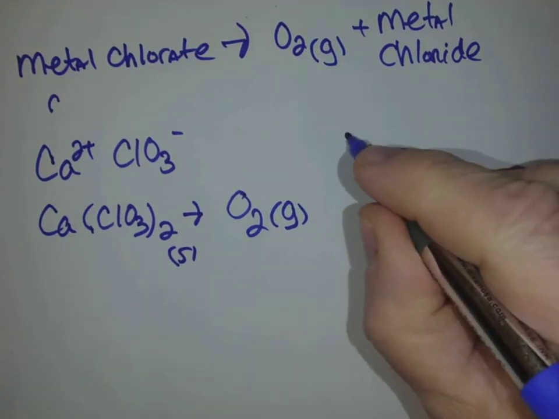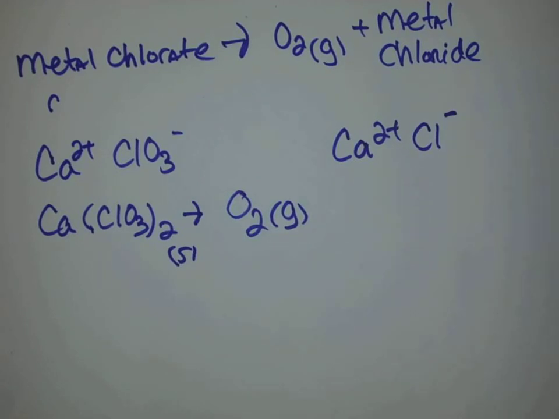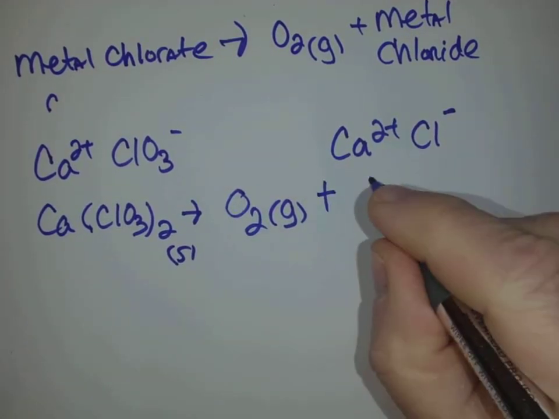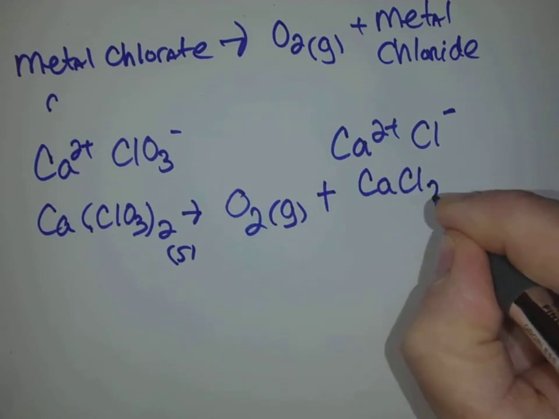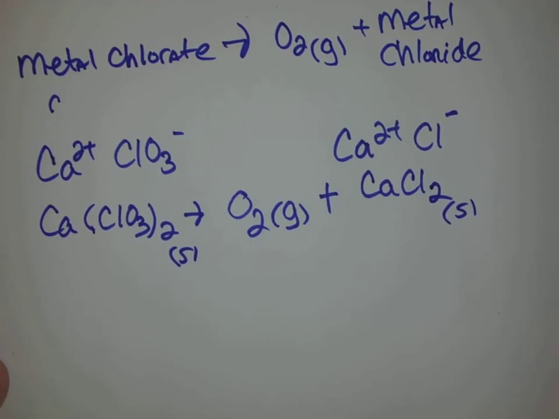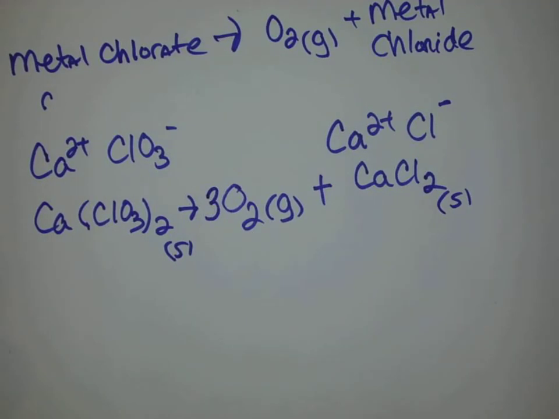Well, the metal is calcium, and chloride, when it gets a charge, is -1. Putting a little plus between them, we get CaCl2. And that will always be a solid as well. So we've got to balance this, because the oxygens are not in balance. You have 6 here, so you need to put a 3 there, and that basically takes care of the balancing part.